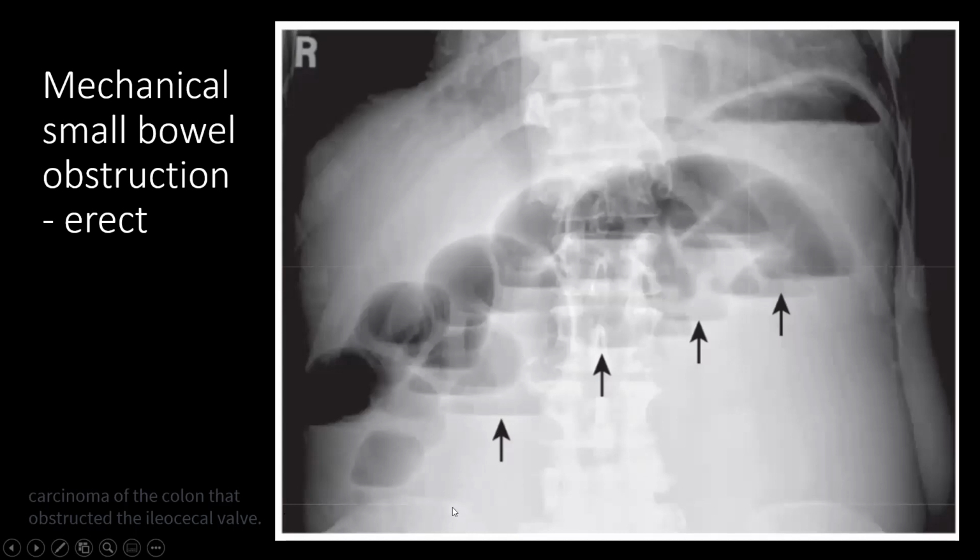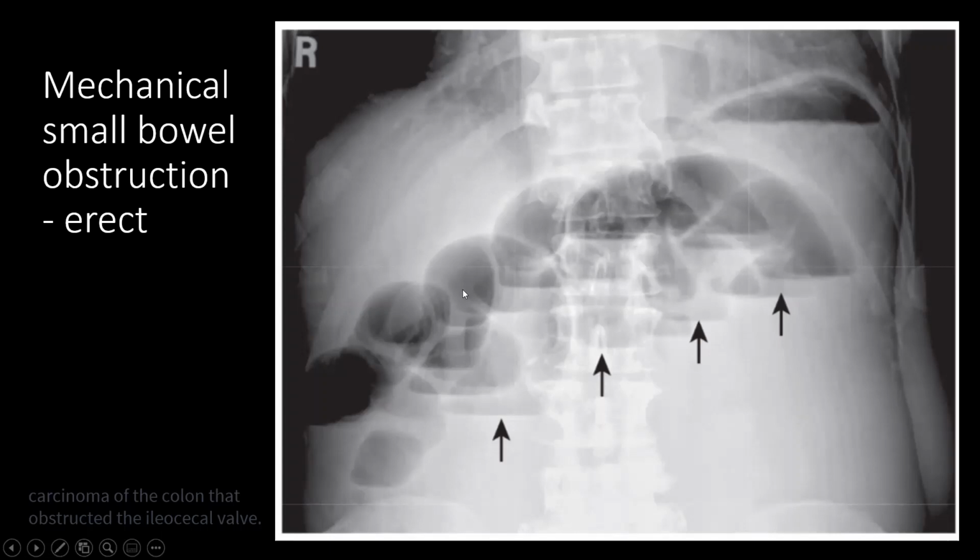Because the ileum is localized over here in the right lower quadrant, and the jejunum is in the left upper quadrant, when I have an obstruction and position the patient standing, I will have an air fluid level between the air, which is dilated in this small bowel, and the fluid, which is succus entericus, or the chyme, the fluidy material in these small bowel. This appears as the step ladder sign. This step ladder sign is indicative of mechanical small bowel obstruction.